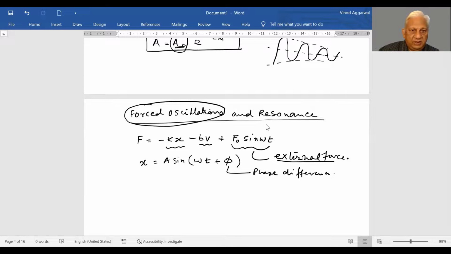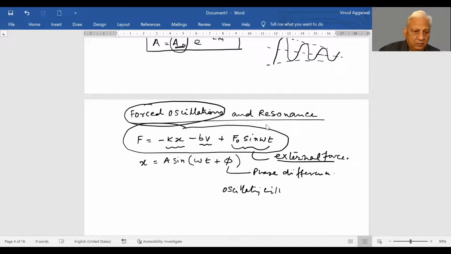Now, what happens in this case is that this process goes through a very complicated process, and after a while, it settles down and starts oscillating with omega frequency, which is of the applied force.